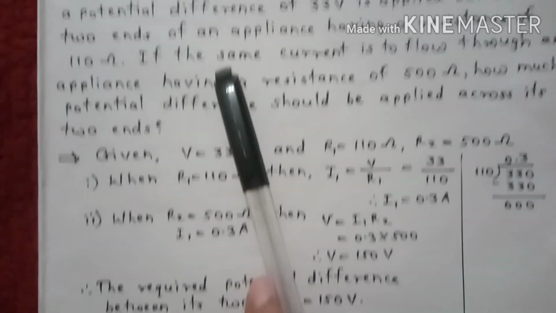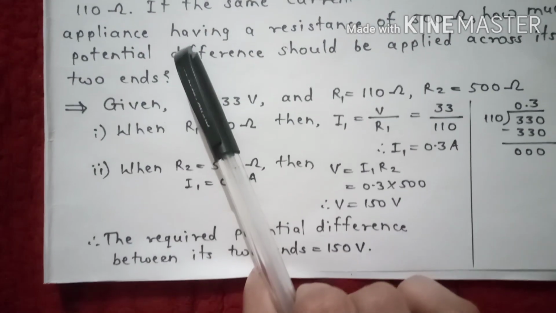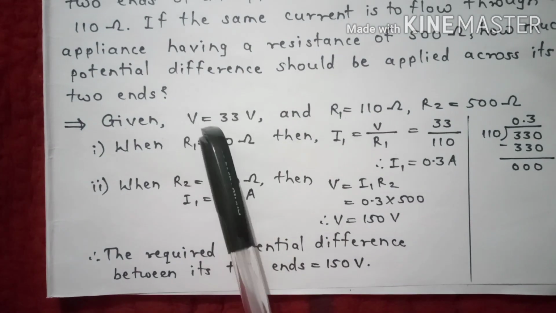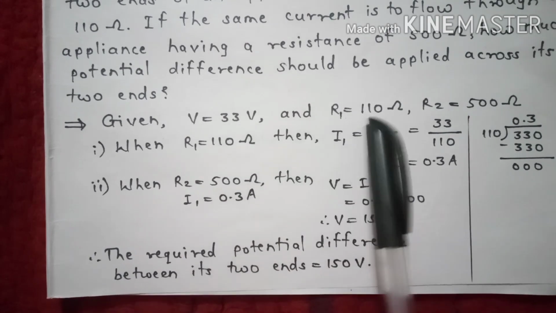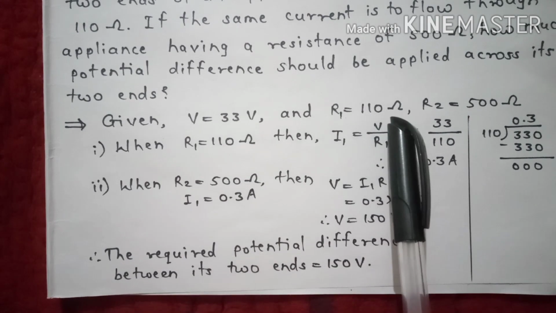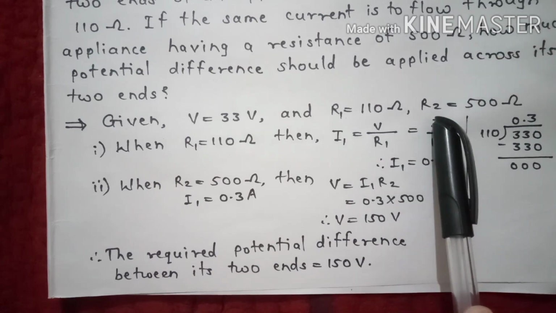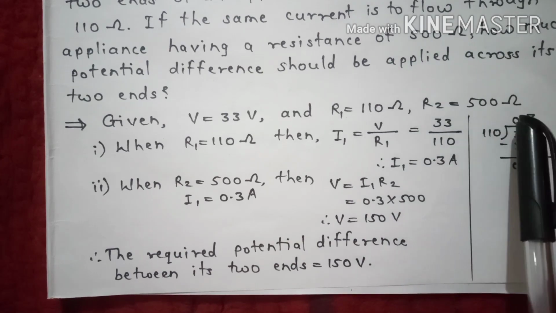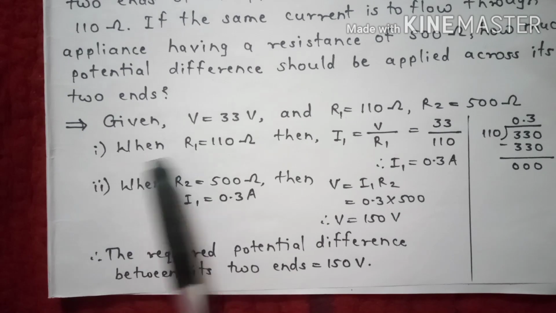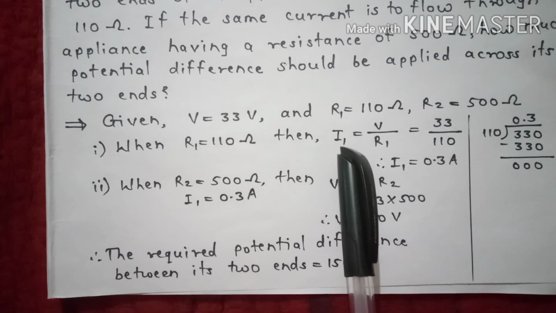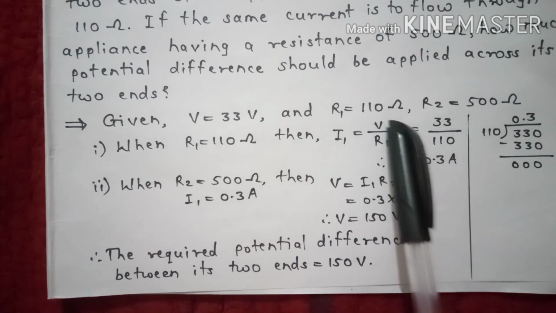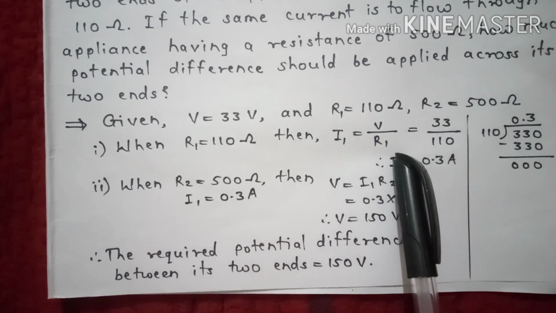Now here first of all we will write the given things, that is V is equal to 33 volt and R1 is equal to 110 ohm. R2 is there, that is 500 ohm. So when R1 is equal to 110 ohm, then current I1 is equal to V upon R1.